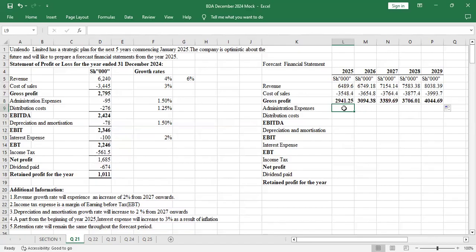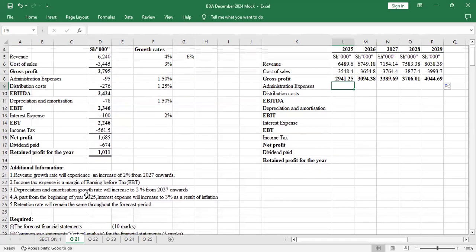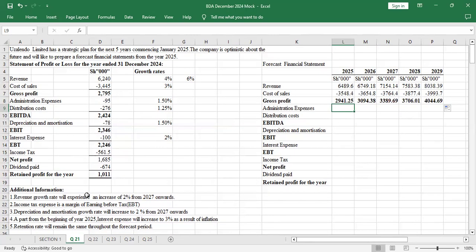It is administrative expenses. Let me check whether there was any additional information touching on administrative expenses. There was none. So you just say equals to, pick that value. You multiply by bracket 1 plus the growth rate, which is 1.5.